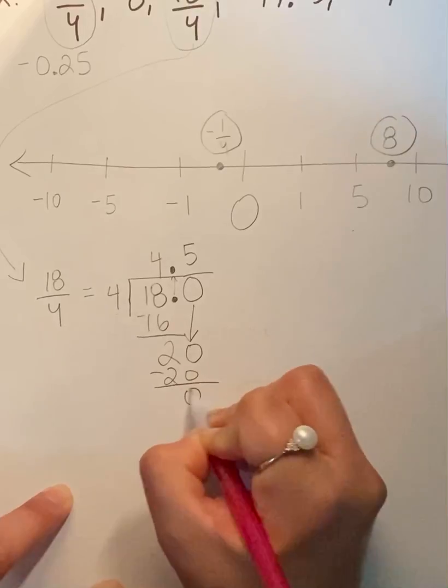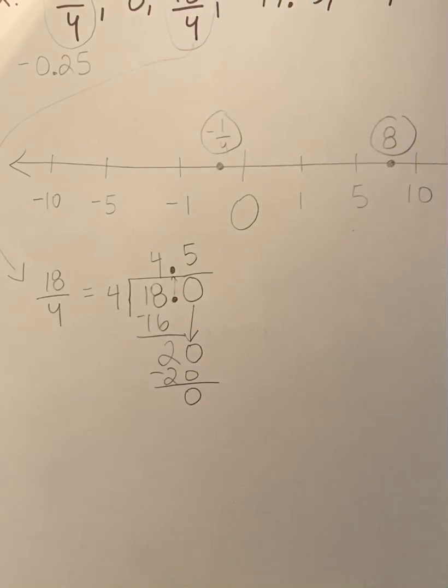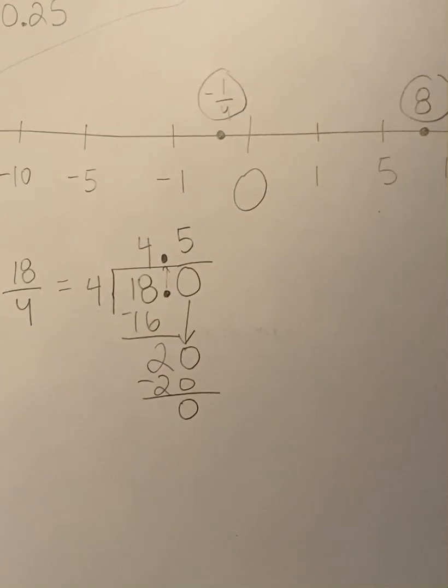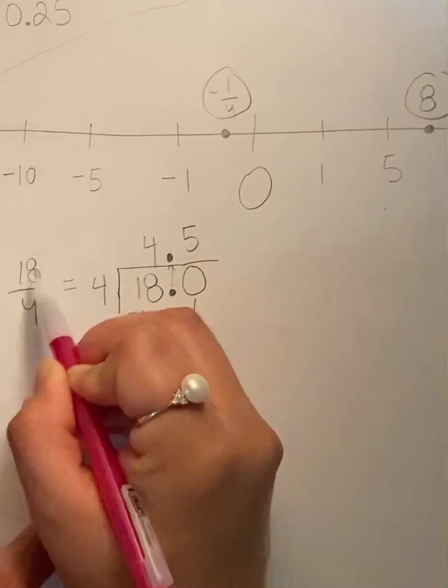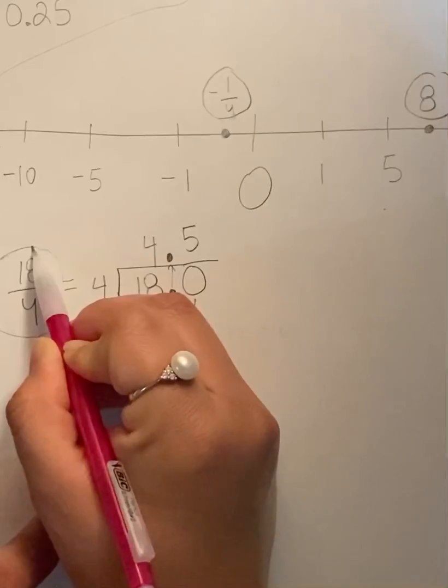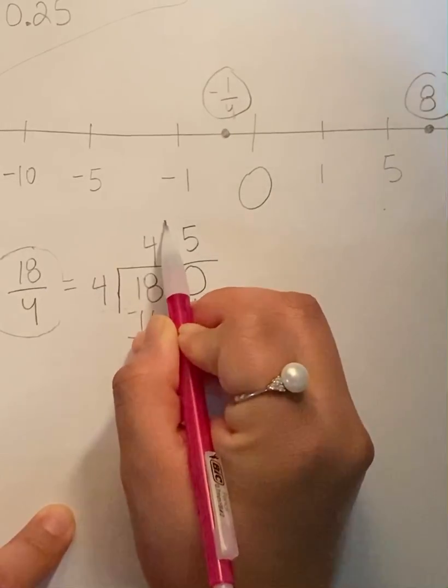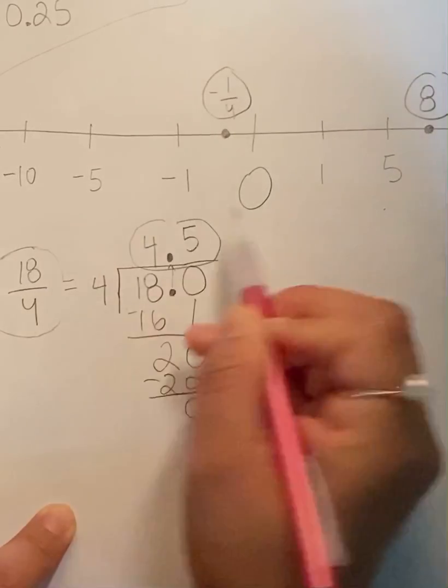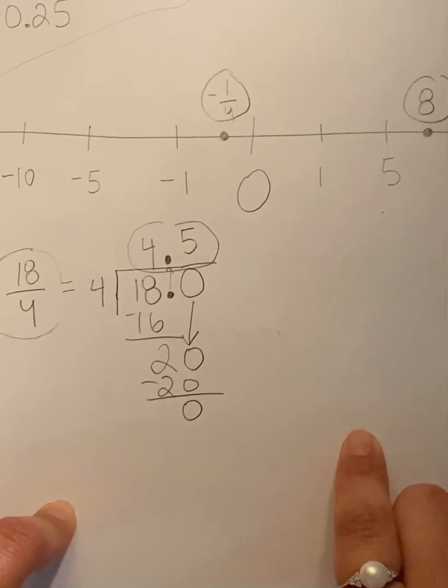In this case, I'm done. I don't have a remainder. And I can think about 18/4 as 4 decimal 5.